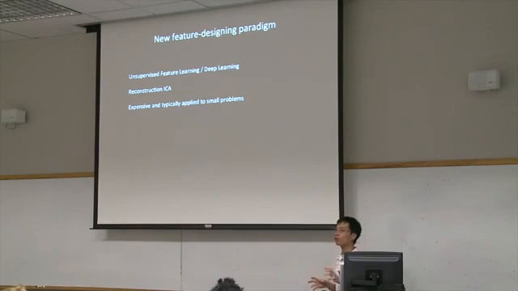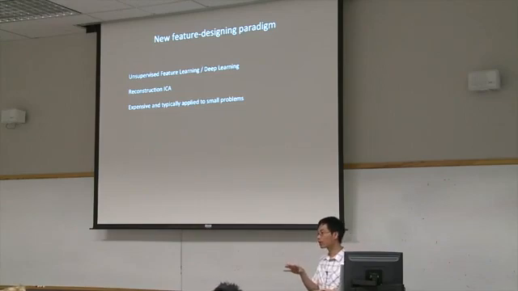One key problem with a lot of these algorithms is that they're quite slow, as I said earlier, and we typically apply them to small problems. When we apply them to small problems, we don't know whether the promises that we've seen in the small problems still hold for bigger problems.